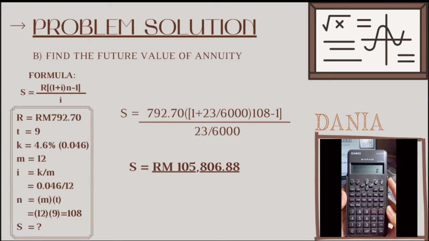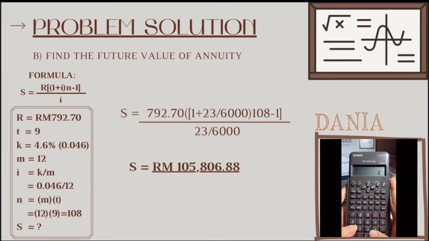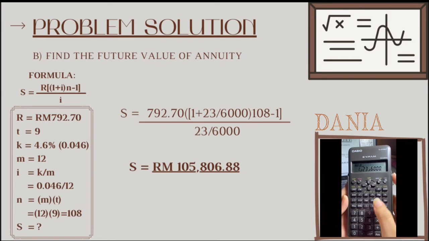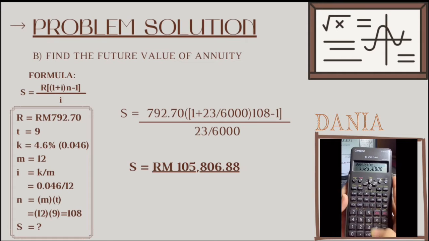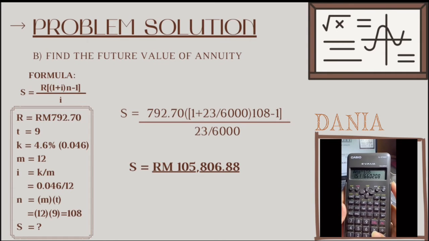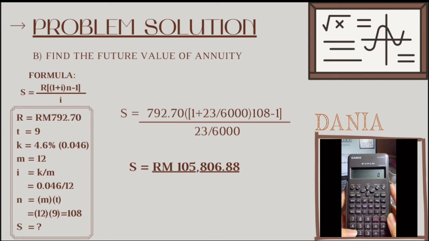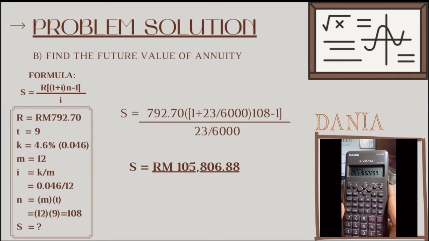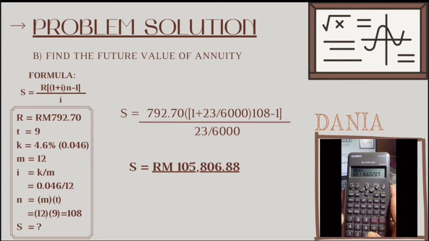So, 1 plus 23 over 6,000, and the answer to the power of 108. Then we take the answer minus 1, and then the answer times 792.70.